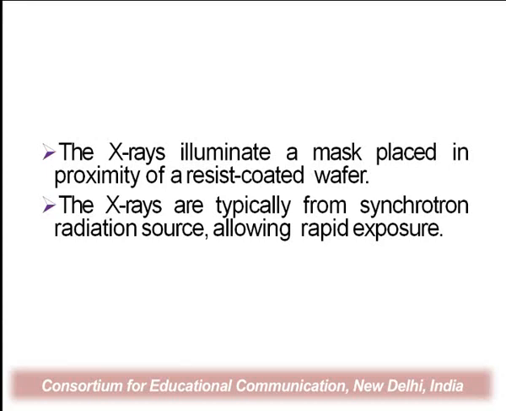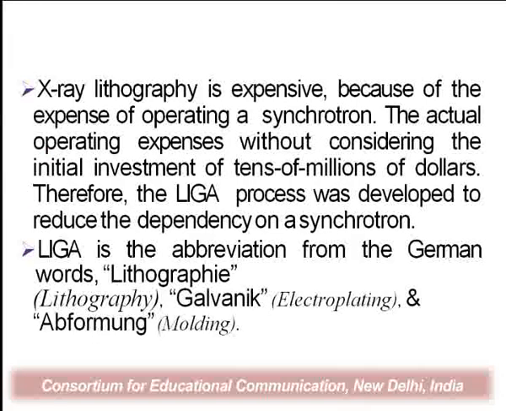The X-rays typically come from synchrotron radiation sources, which allow rapid exposure of the material, and in this manner we prepare the pattern. X-ray lithography is expensive because of the cost of operating a synchrotron, the actual operating expenses without considering the initial investment of millions of dollars. We use different forms, so we use molding.